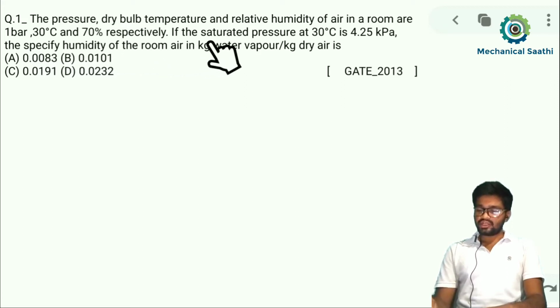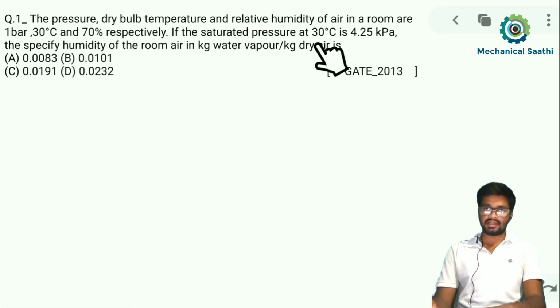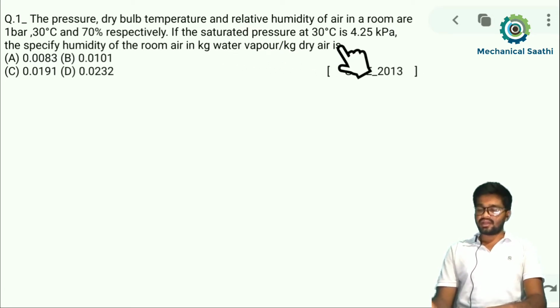If the saturated pressure at 30 degrees centigrade is 4.25 kilopascal, that means the saturated pressure at dry bulb temperature, that is 30 degrees centigrade, is given as 4.25 kilopascal.